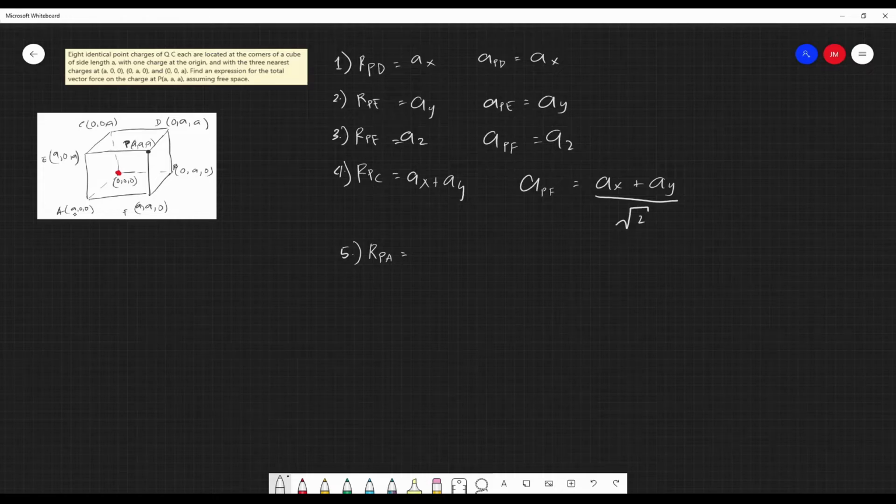Since the a is present here, if we subtract this from point P, we are left with a y plus a z. The unit vector a_PA is then a_y plus a_z, divided by square root of 2.